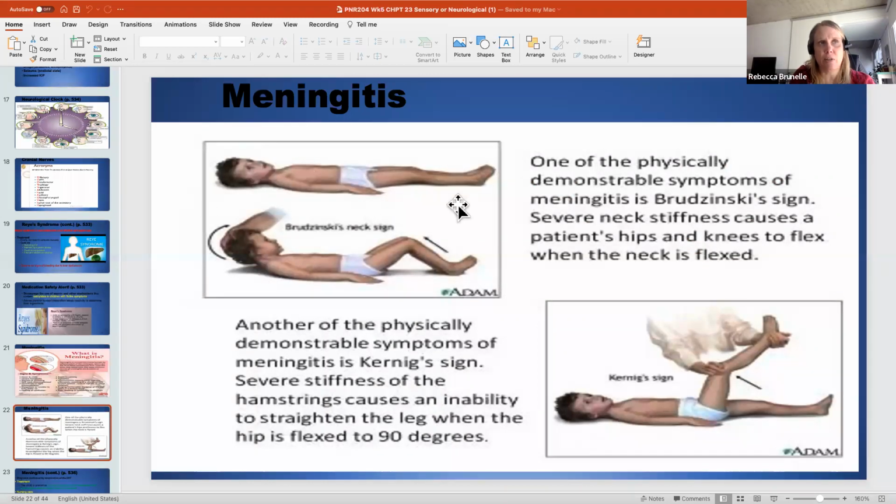The kid lays down and they pull the head up, and when they do that, the legs flex. That's a positive Brudzinski. In the Kernig, they lay the kid down, and if they put the leg up at kind of a 90-degree angle, he's unable to straighten his leg. If both of these signs are positive, that's an indication of meningitis.